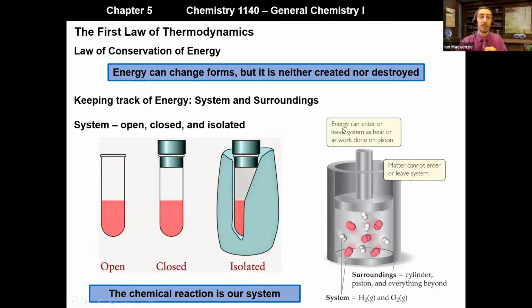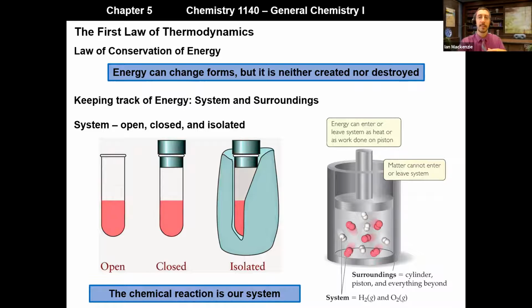In the case of this closed system here, the chemical reaction is the actual system. And then the piston itself and the air outside the piston and all of that, that is the surroundings. That is what can absorb the heat, and what can absorb the energy in terms of motion. All of that occurs as the surroundings.